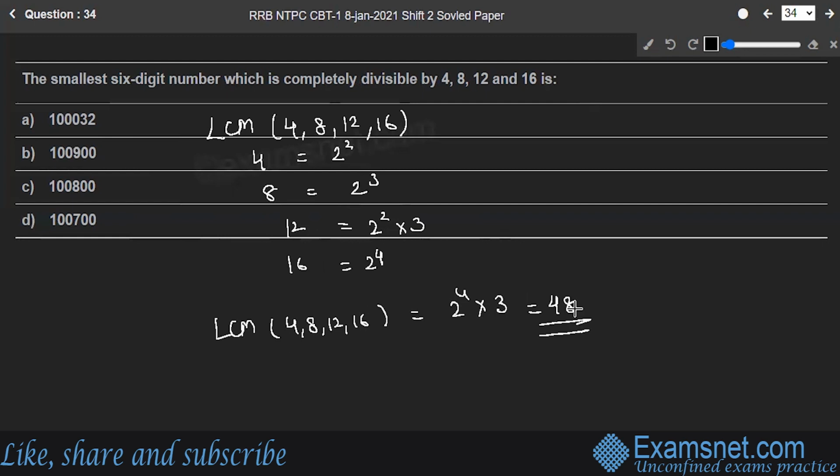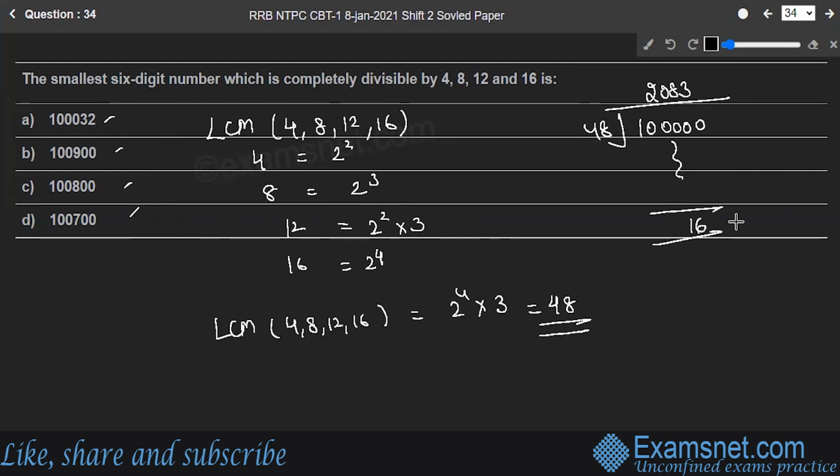Now the smallest 6-digit number which is completely divisible by 48 is, see, if I keep on dividing with all these terms with 48 and see whether we are getting a remainder or not, it will take a lot of time. We'll play smarter. What is the smallest 6-digit number? It is 1 lakh. Let's divide it with 48. So you will get 2083 after doing all the divisions, and you will get the remainder of 16.